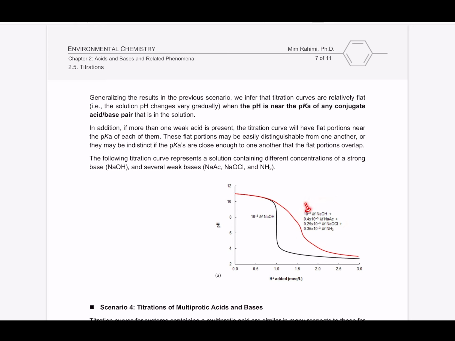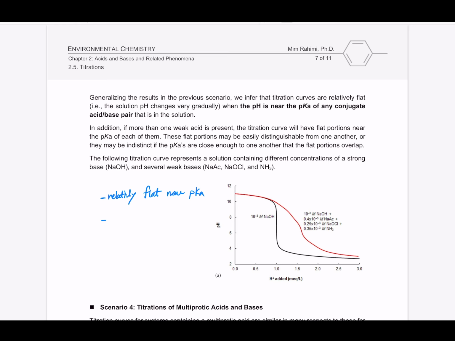So 10 to the minus 3 sodium hydroxide, then 0.4 millimolar of sodium acetate, and then the other concentrations of the other. What we did was first doing a very simple titration for sodium hydroxide to be able to differentiate between that and the second scenario, which is basically a mixture. So first we get relatively flat regions near the pKa.